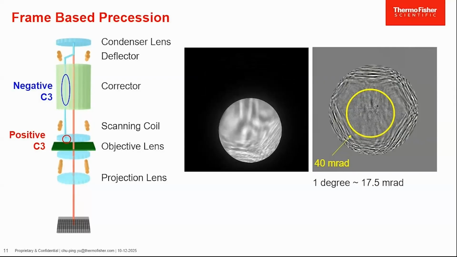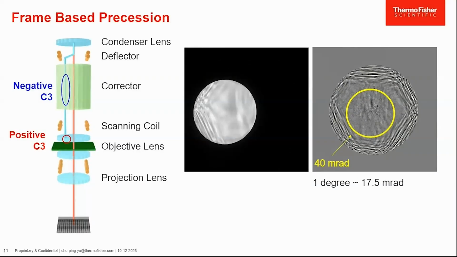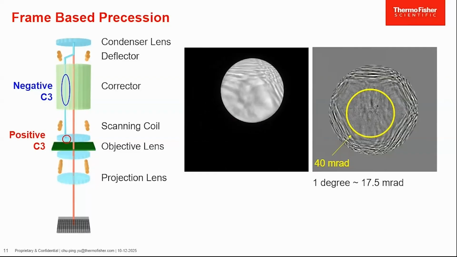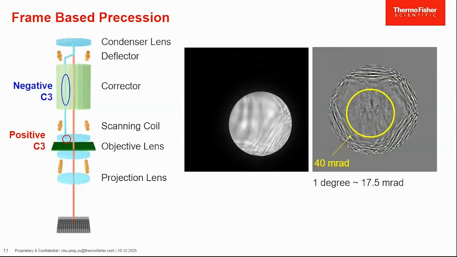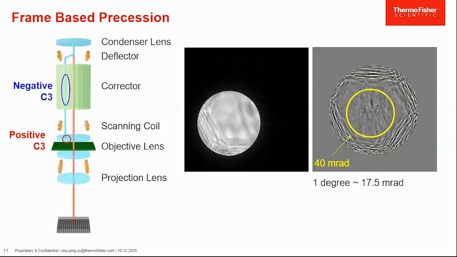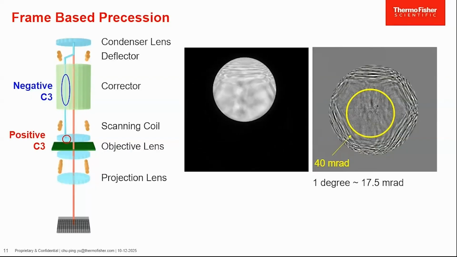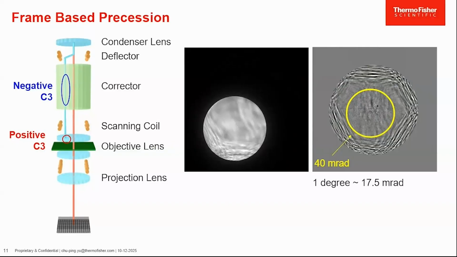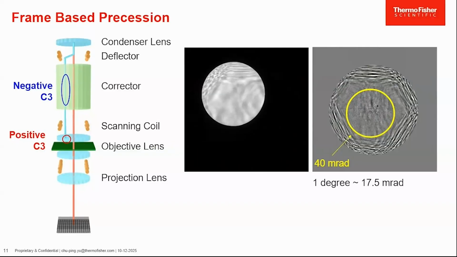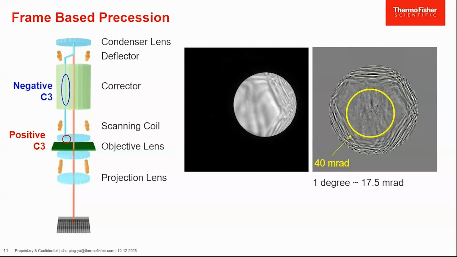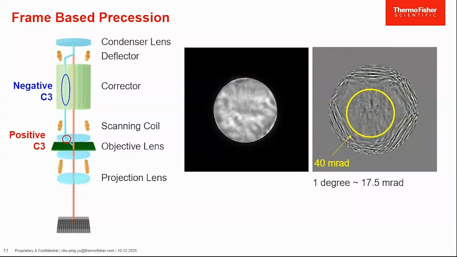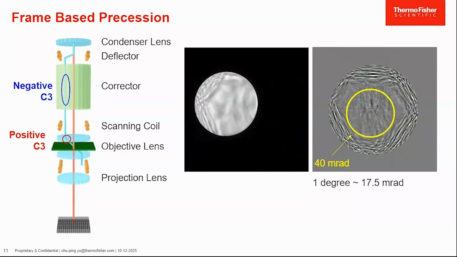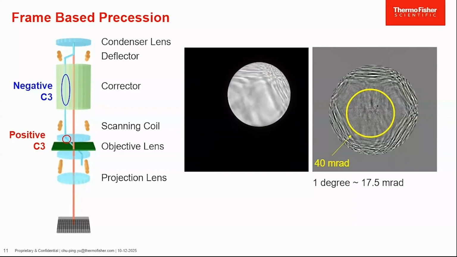As you can see, the beam travels down the optical axis, and it's deflected to the side of the corrector. When it comes through the corrector, it gains a negative amount of C3. Then it reaches the objective lens. The objective lens will pull the beam back to the center of the optical axis, creating the beam tilt.